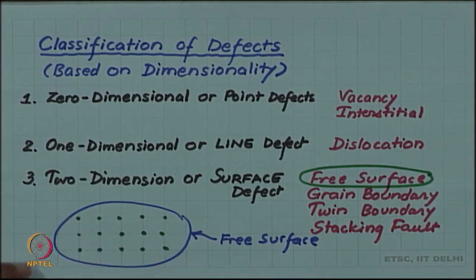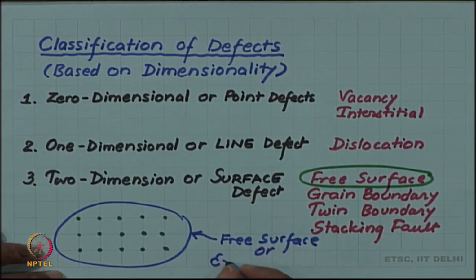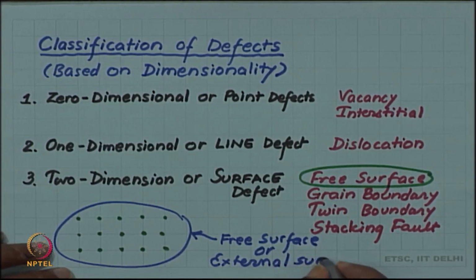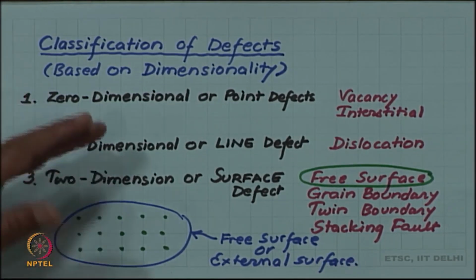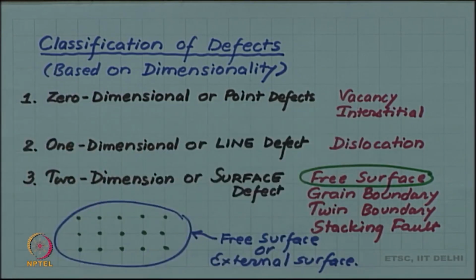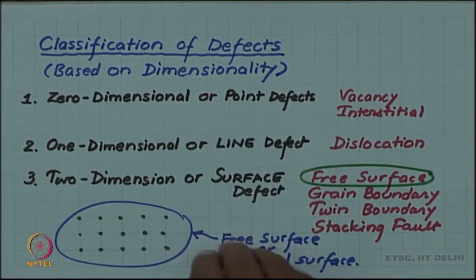Any boundary will break the periodicity, and free surface breaks this periodicity, and so the free surface, or sometimes called external surface, will always be present in any crystal. However perfect it is internally, this external surface will always be present in a real crystal. So, we will now look at one by one these defects as we go along.